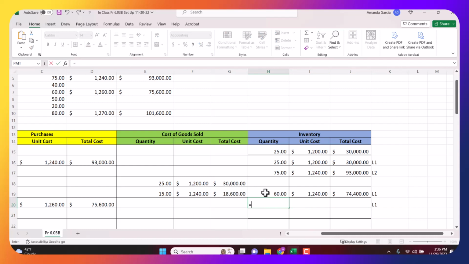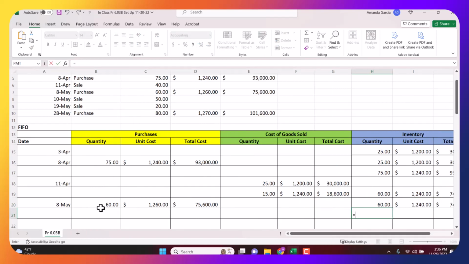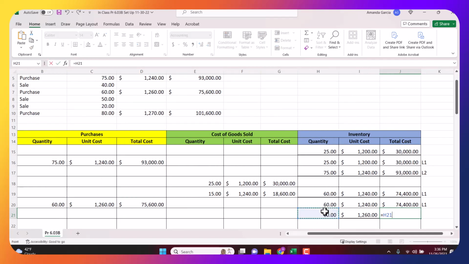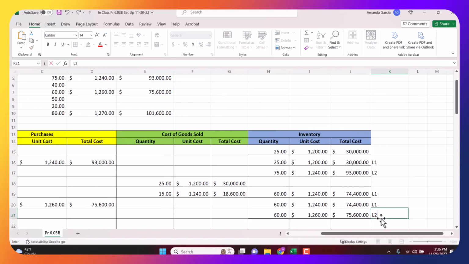This is exactly how it would work in Cengage as well. So I'm bringing down, maintaining layer 1, 60 units at $1,240. And I'm adding my new layer, layer 2, which is 60 units at $1,260, equals unit cost times quantity. This is now L2.